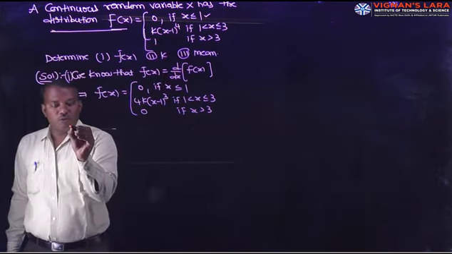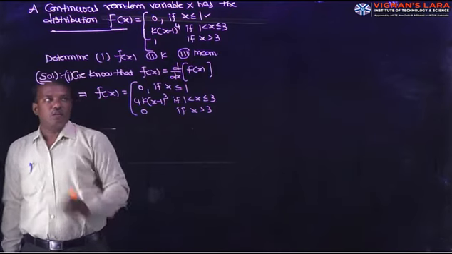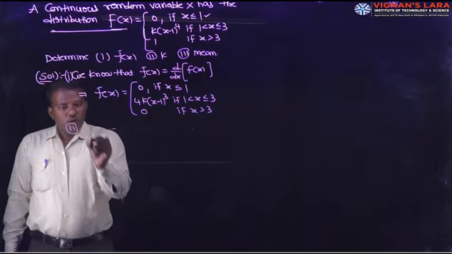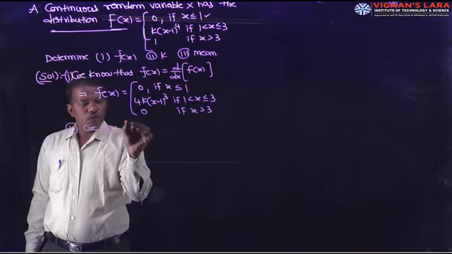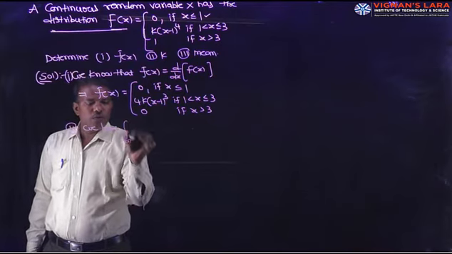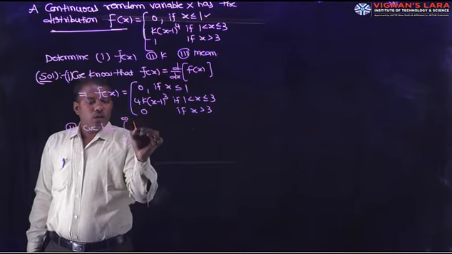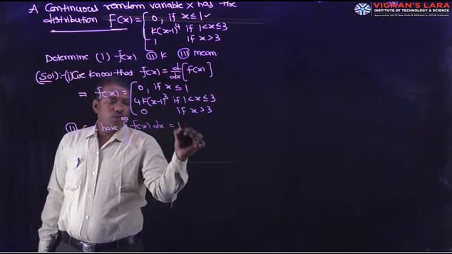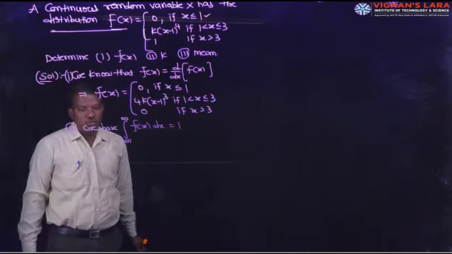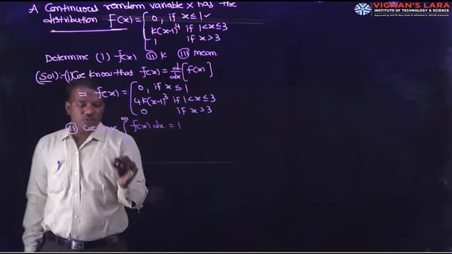Then the second part: how to calculate the value of k? We have integral minus infinity to plus infinity f of x dx is equal to 1. Total probability, or total area, is equal to 1 under the continuous random variable.